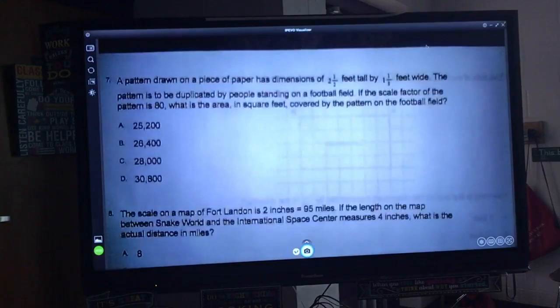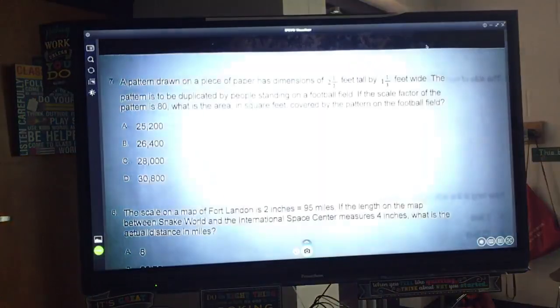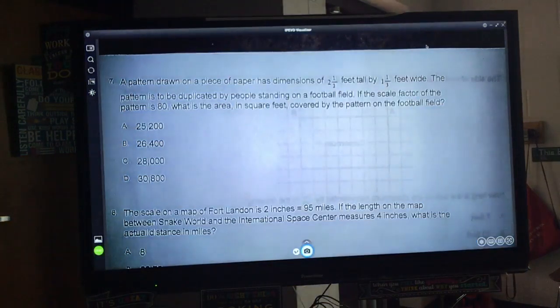So, first and foremost, must annotate. Even me, even though I don't want to. Alright, so a pattern drawn on a piece of paper has dimensions of 2.5 feet tall by 1 1/3 feet wide. The pattern is to be duplicated by people standing on a football field.